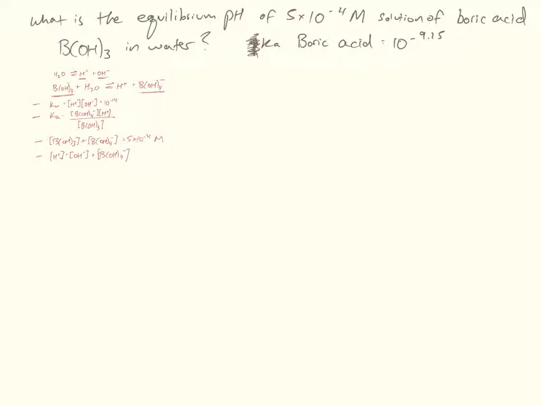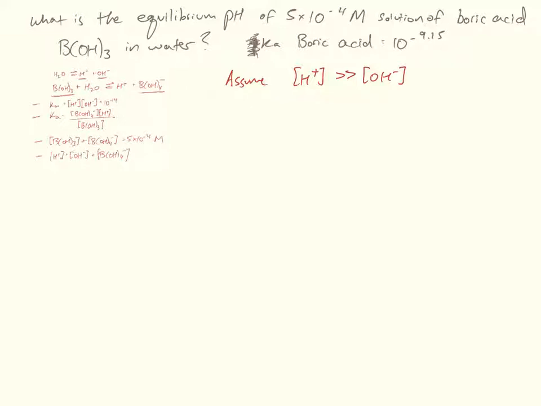Okay, so now we are going to make the assumption that since we have an acid in water, our resulting pH is going to be acidic. When we have an acidic solution, we can assume that the H plus concentration is going to be much greater than our OH minus concentration. These two concentrations move inversely with each other on a log scale.